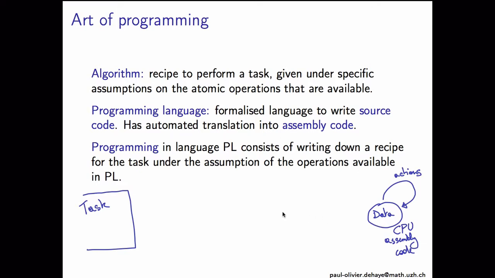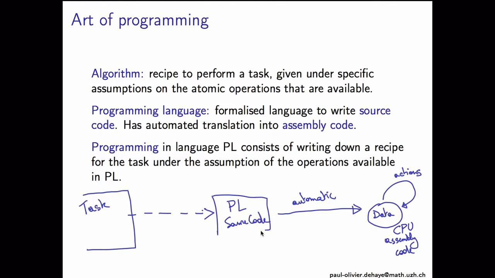Now, we have an intermediate language, which is the programming language PL, and we know that from source code in language PL, we can go automatically to assembly code. So programming is precisely this step here, which is the step of translation of the task into the programming language. So this is programming.